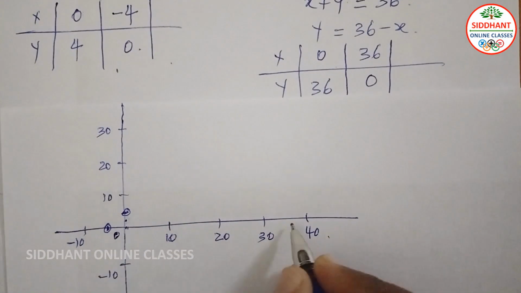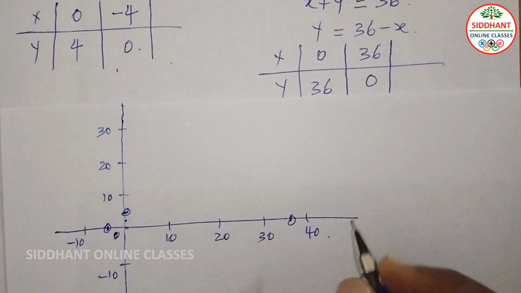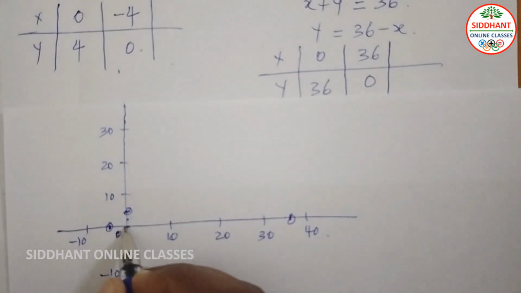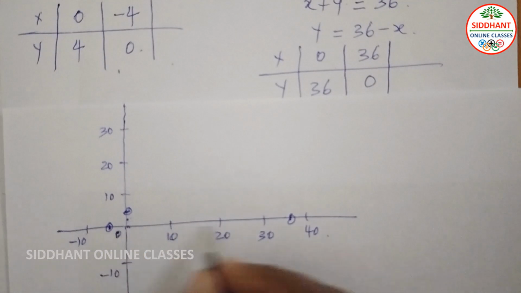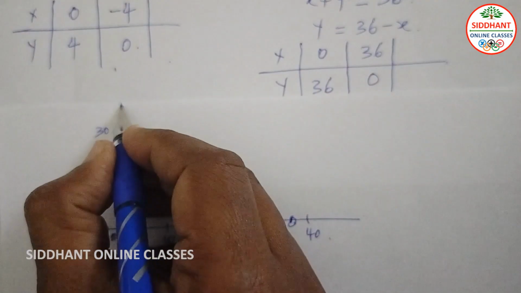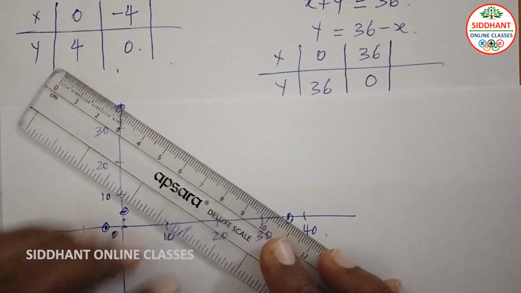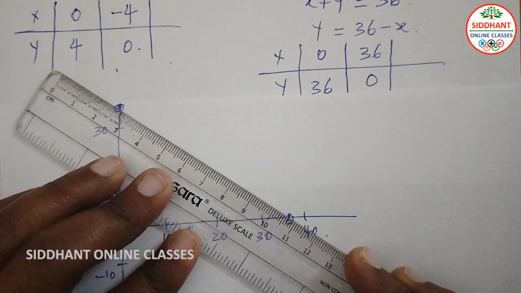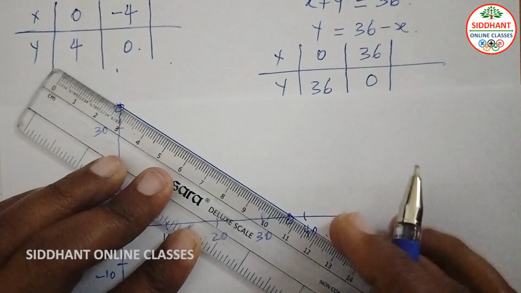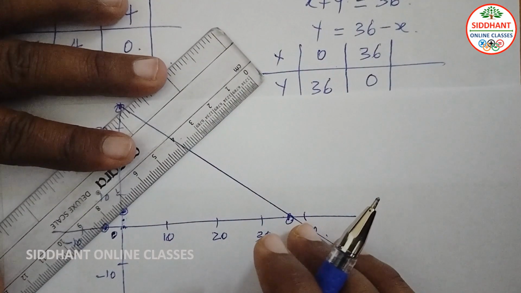So x is 0, then y will become 36. So here you are going to see the point. Then x is 36, y is 0. Now join the points here, and this we are going to join.